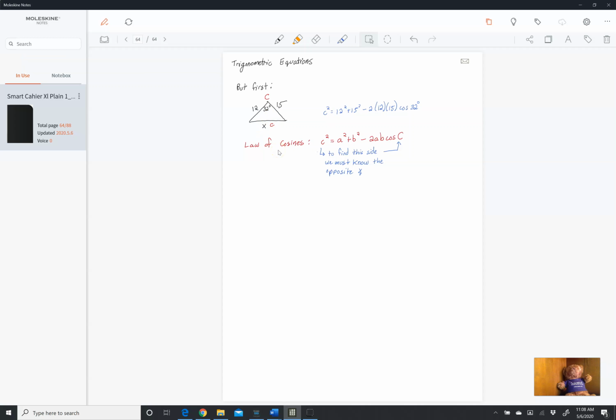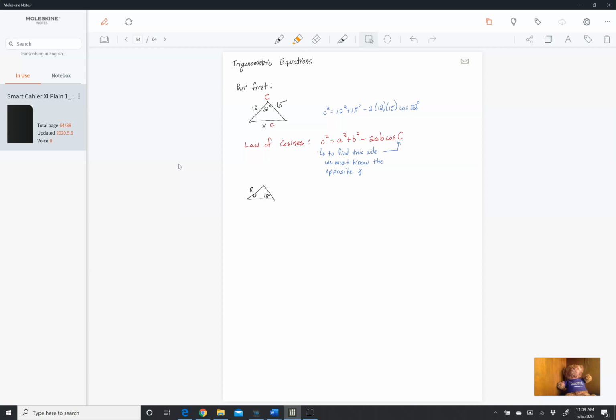Now, we can also have, right, sometimes this is not the arrangement that you're given as what you know. So sometimes we're given a triangle where we know different things. So let's say, for example, we know this side, and we say that this side is 8. We know this angle. This angle is, let's say, 18 degrees. This is the angle that we're looking for.